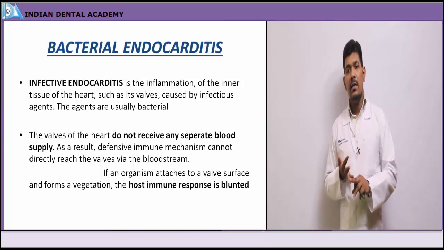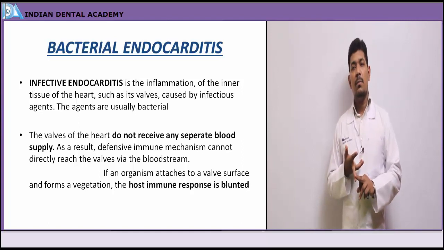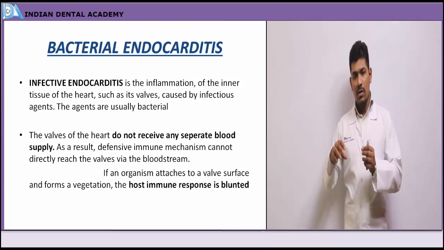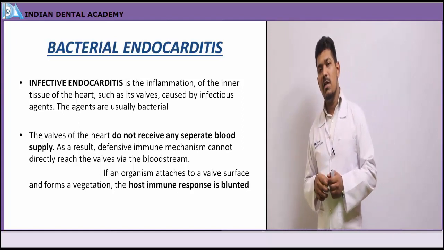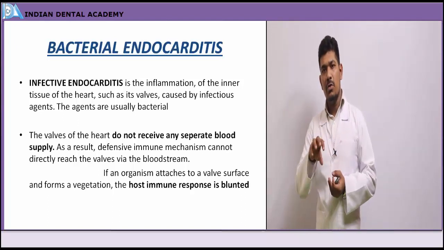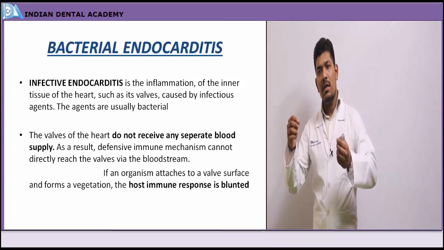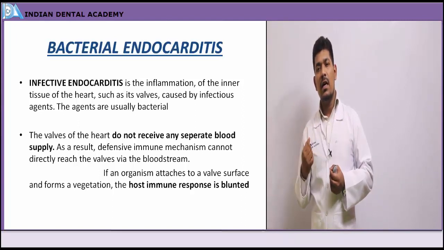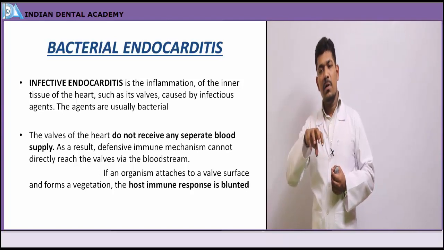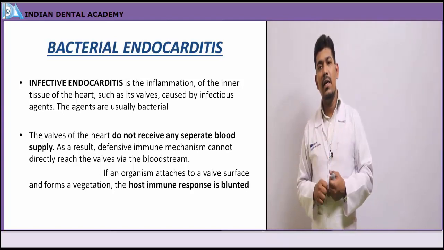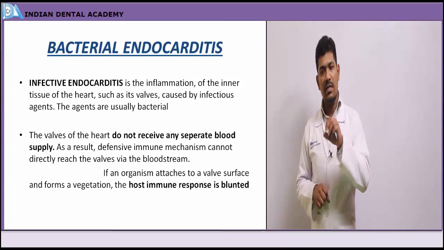Secondly, the infection which takes place in this particular location. This location is unique in its way because the blood supply to these tissues has to come from other collateral circulatory systems within the heart muscles, and these particular locations do not have any separate blood supply.